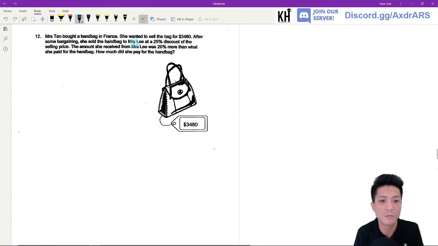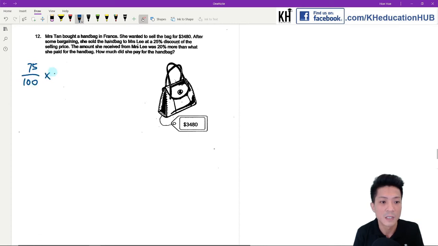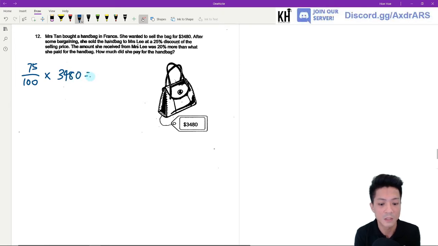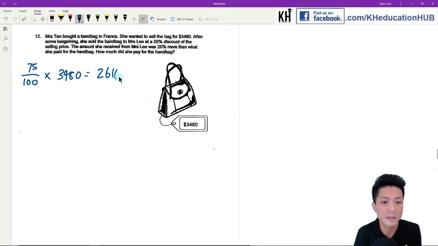Okay, so if she sold the handbag to Mrs. Lee at a 25% discount, which means that she sold it at 75%, right? Let us find out what is 75% of 3,480 first. Okay, this would be $2,610. So this $2,610 was 20% more than what she had paid for the handbag, which means that this is going to be 120%.